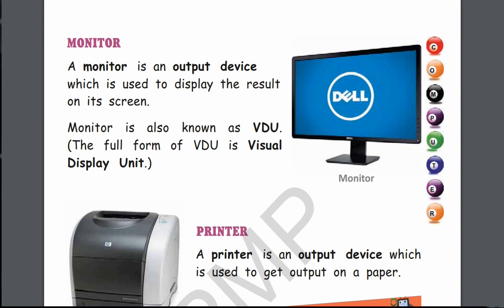Now, very important for you all to remember, monitor is also known as VDU. What is the full form of VDU? V for visual, D for display, U for unit. Okay?